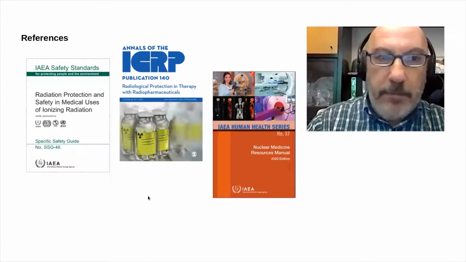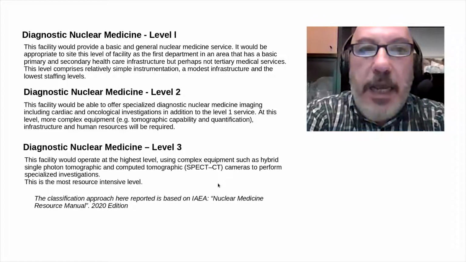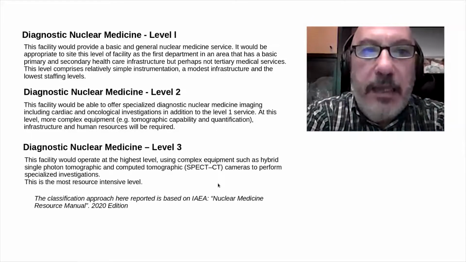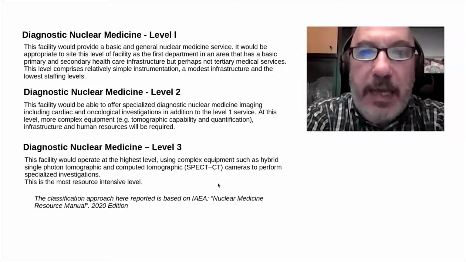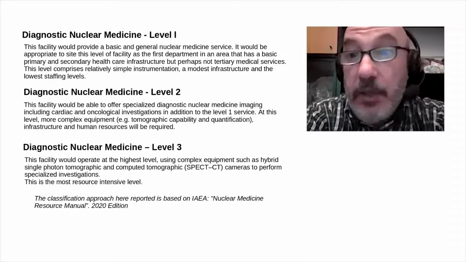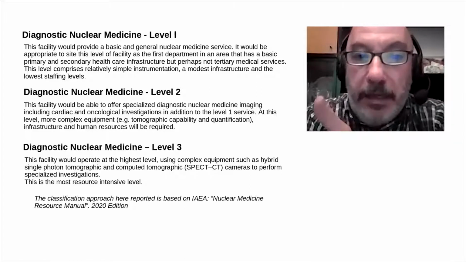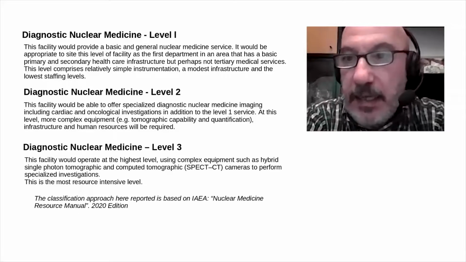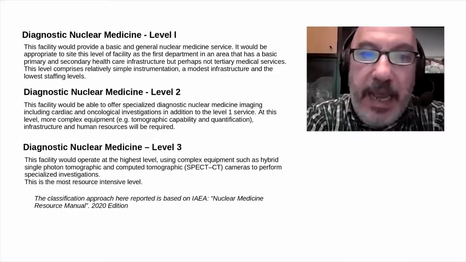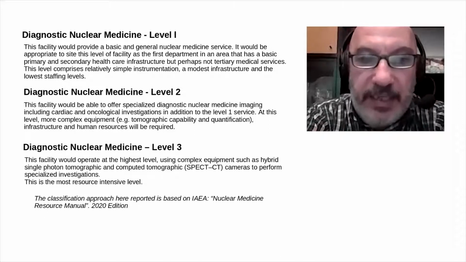The categorization. Well, the IAEA suggests that the nuclear medicine department should be categorized in different levels of increasing complexity, and so increasing more and more requisites as regards the site planning and the constitution of the real facility.